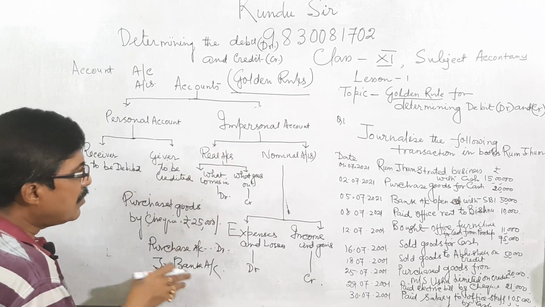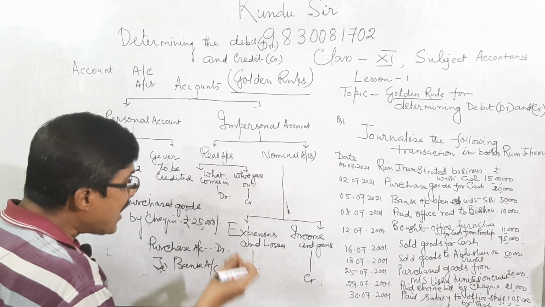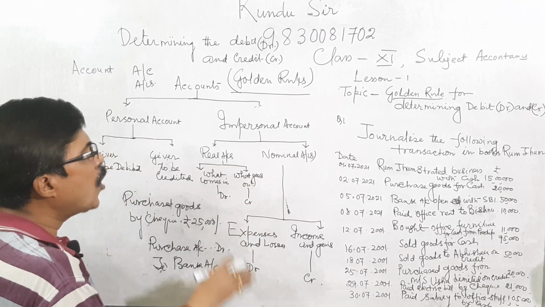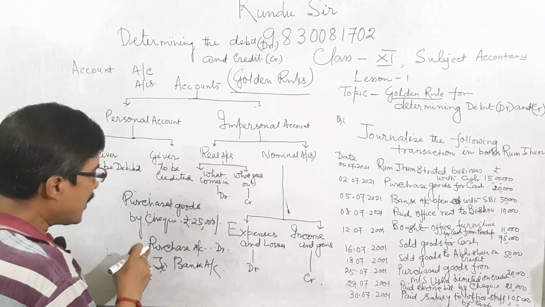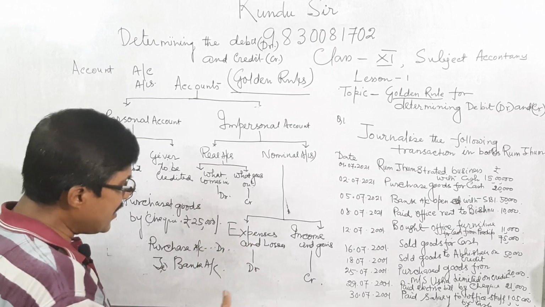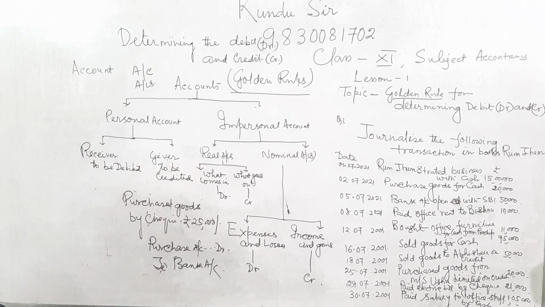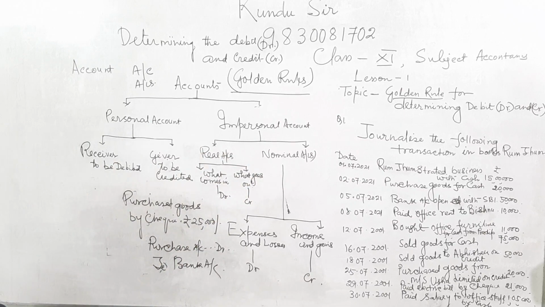Since we are making payment, the cash or bank balance goes out or reduces. So purchase account debit to bank account. Purchase is an example of an expense, and those are covered under nominal account.